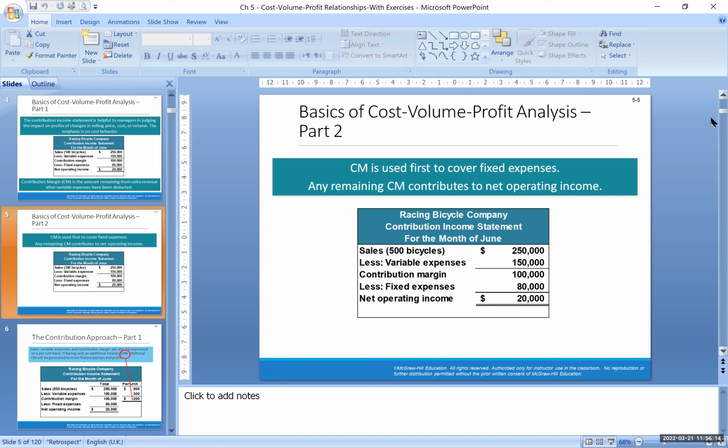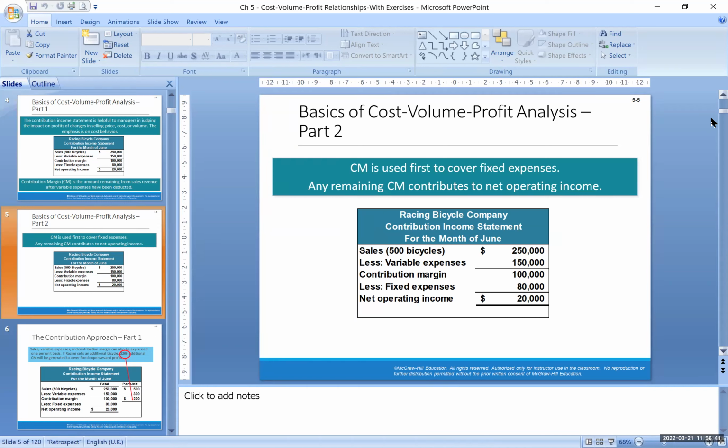So for our example, I will use these numbers. The company sells 500 bicycles and the price is $500 for the company. So the total sales will be $250,000. These numbers are given. Minus the variable costs. We sell 500 bicycles and the variable cost per bicycle is 300.